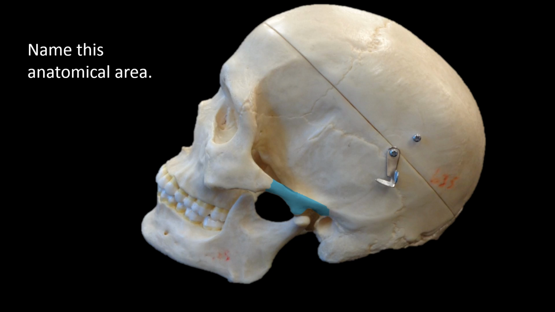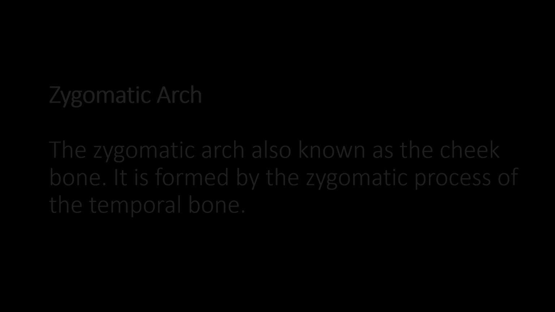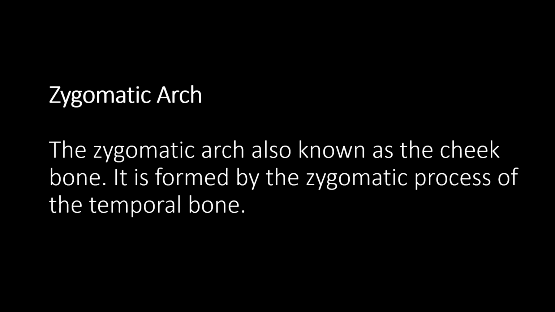Name this anatomical area. Zygomatic arch. The zygomatic arch, also known as the cheekbone, is formed by the zygomatic process of the temporal bone.